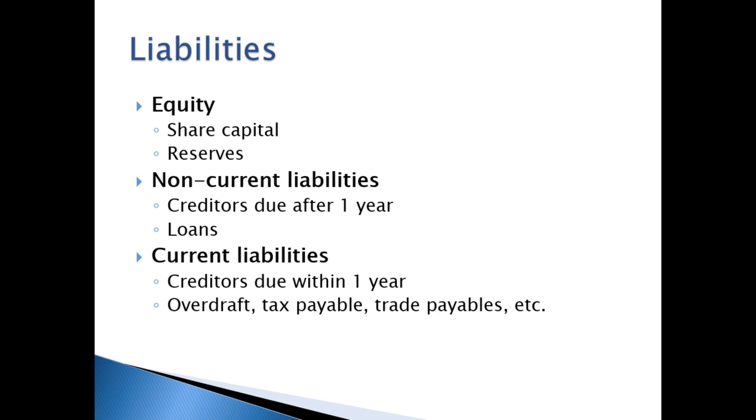Right, non-current liabilities may be labelled as creditors due after 1 year, and these mostly comprise loans from banks and other financial institutions. And current liabilities may be labelled creditors due within 1 year, and these include things like overdrafts, money owed to the taxman, suppliers we've not yet paid, known as trade payables or trade creditors.